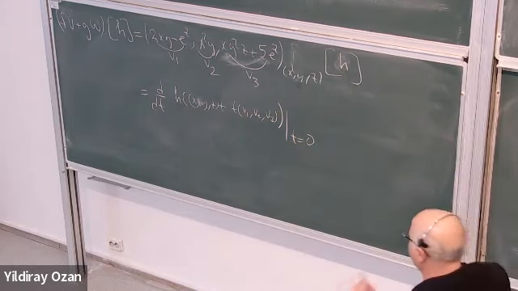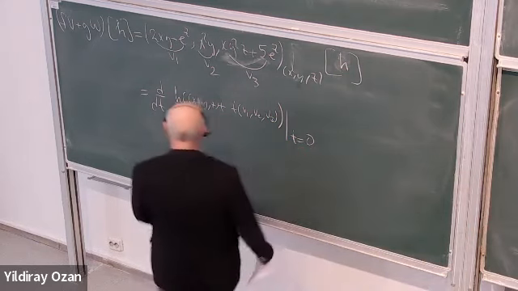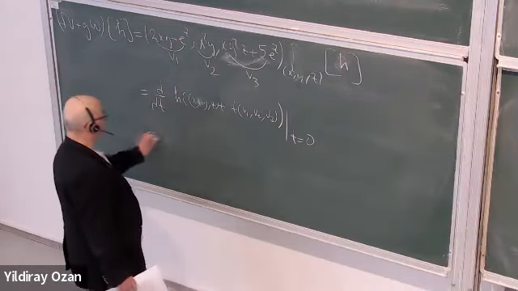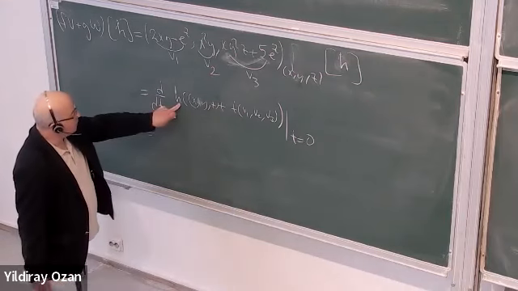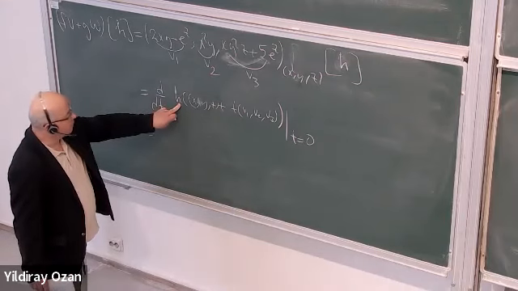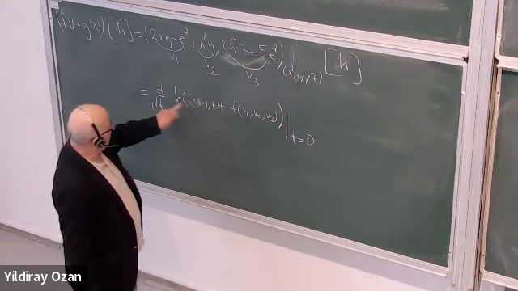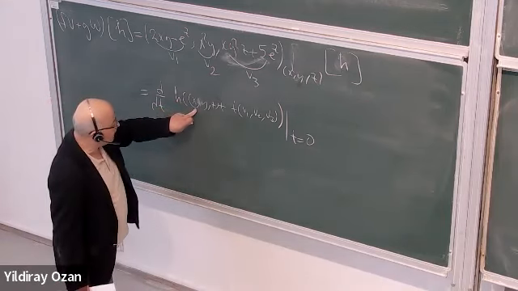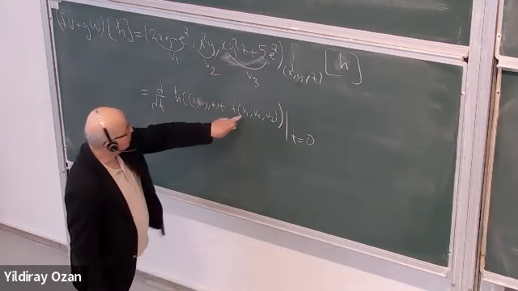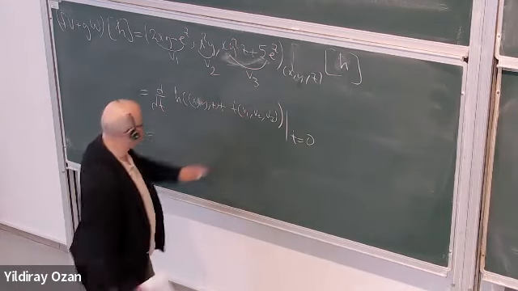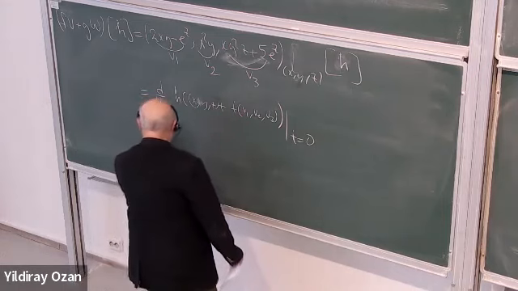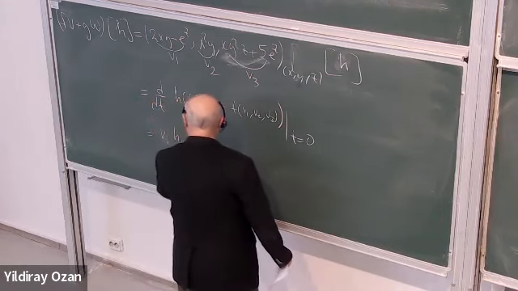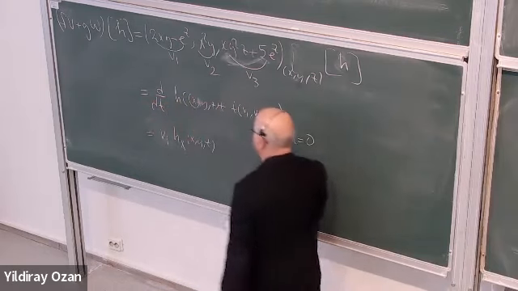So what would be the result? The result would be the derivative of h with respect to the first coordinate times the vector part here. So it would be v1 times h sub x at the point x, y, z, right?